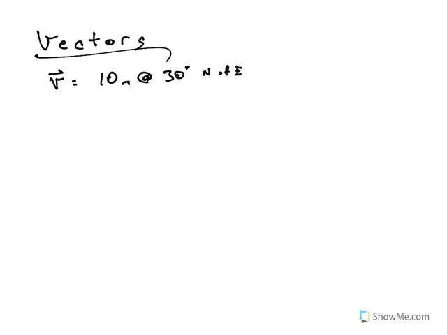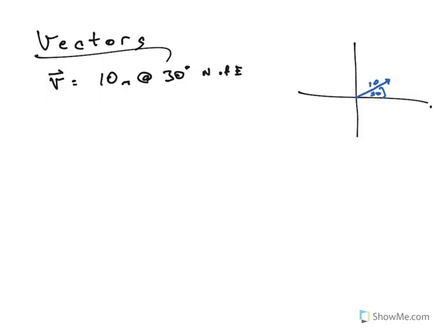What does it look like if I were to draw it? Well, here's east. I'm going 30 degrees north of east, so it'll be a little arrow that comes out 10 meters and whose angle is 30 degrees sitting there. Yeah, that's our vector.